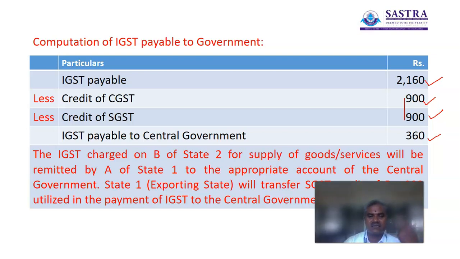This is tax on sale. When we have a tax on purchase, it has to be adjusted against tax on sale. This is the process of adjusting ITC, my dear student, or the process of set-off of ITC. This is the way of calculating the final settlement to the government.